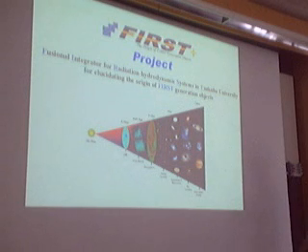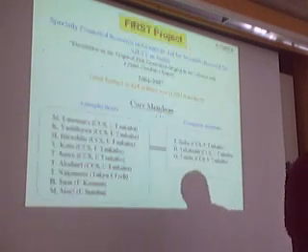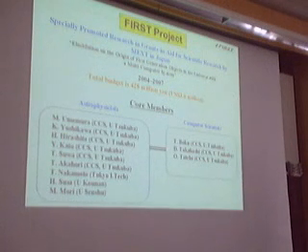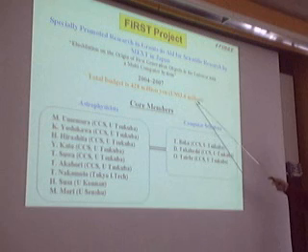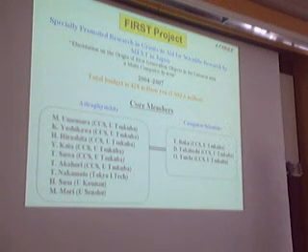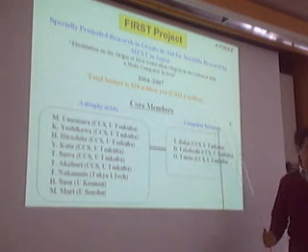The word first has two kinds of meaning, actually. Anyway, we started this project 3 years ago and it is almost completed. We used around $3.6 million US to construct this computer, and this is a collaboration between astrophysicists and computational scientists.